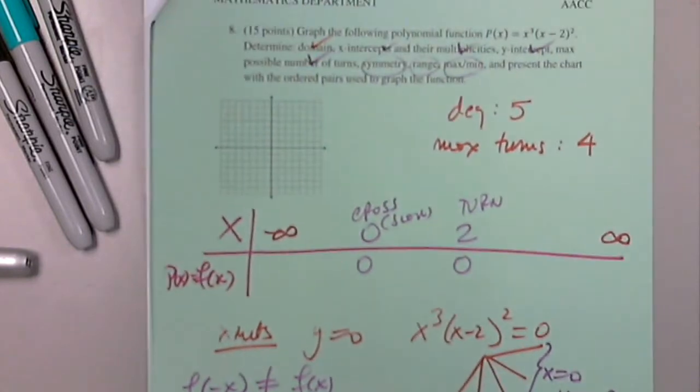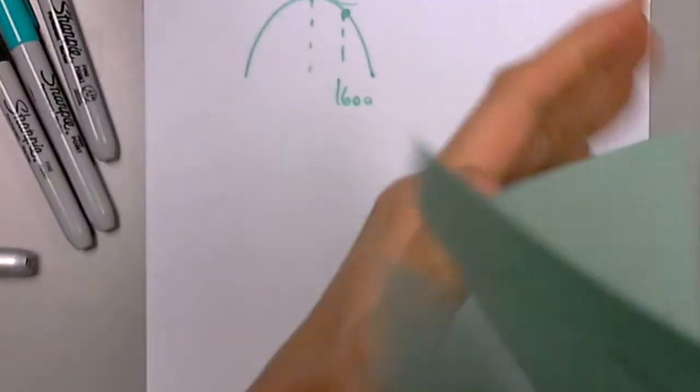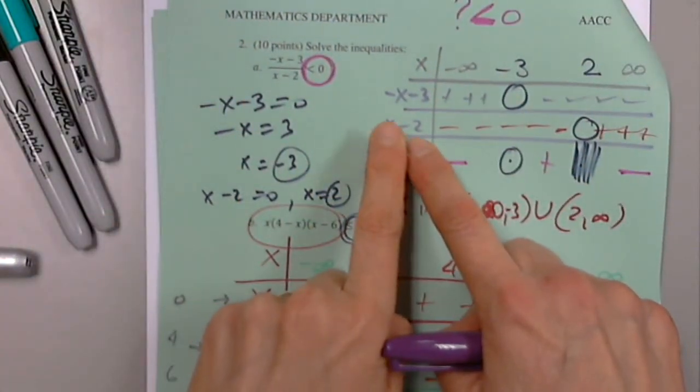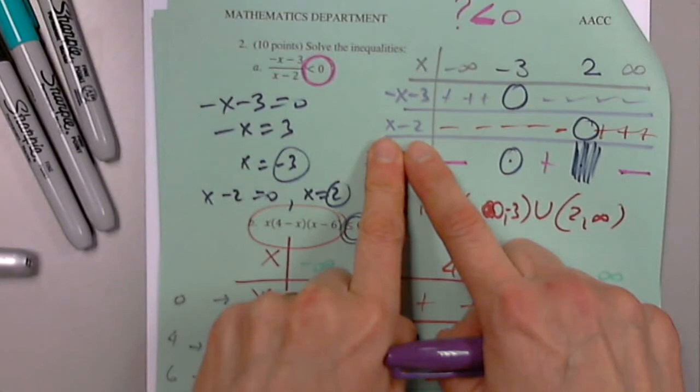I need the end behavior. Does it do this or does it do this? So because the degree is odd, and because the leading coefficient is, right? Okay, let's go back for a moment.